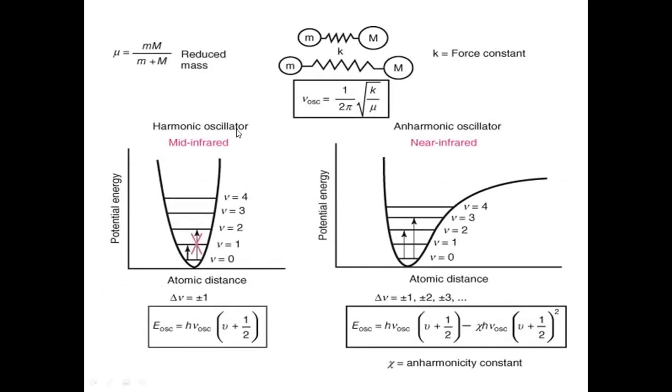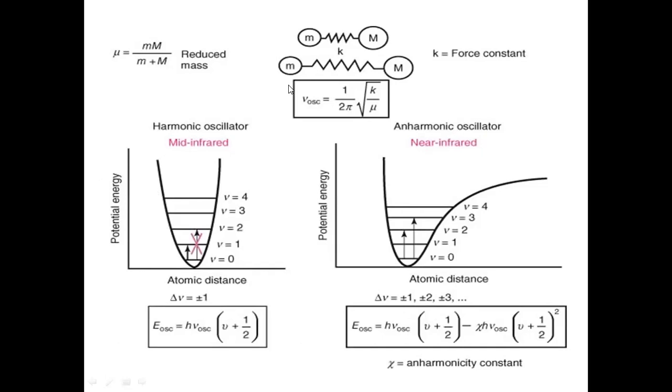This is the simple structure for harmonic oscillation, and that is the simple structure for an anharmonic oscillator. You can observe the atomic distance and potential energy graph. With increasing potential energy, the atomic distances are in equal separation in the case of a harmonic oscillator.